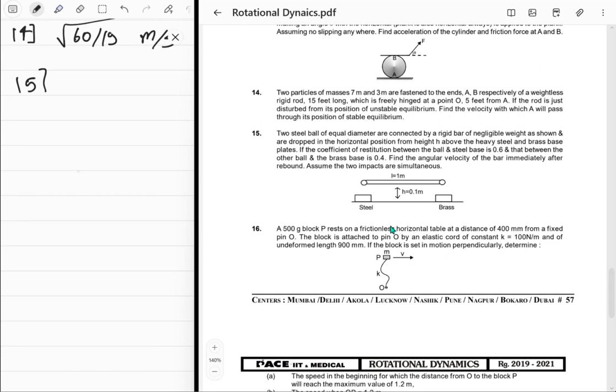That's going to be square root of 2gh, of course. So square root of 2gh, that's this guy's velocity. Now, when it will go back, it's going to be 0.4 of that, right? No, that's for the brass guy. 0.6 for the steel guy. It's going to be 0.6 of this velocity and 0.4 of that velocity.